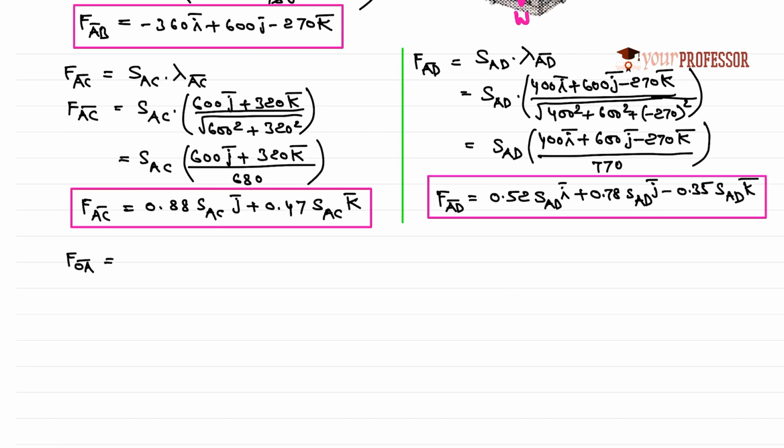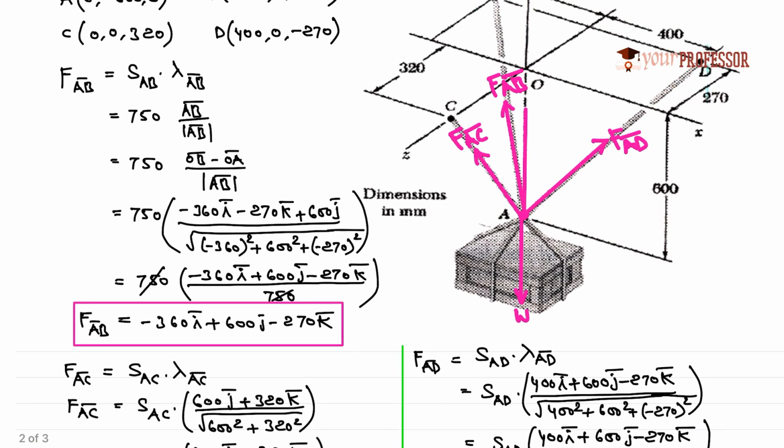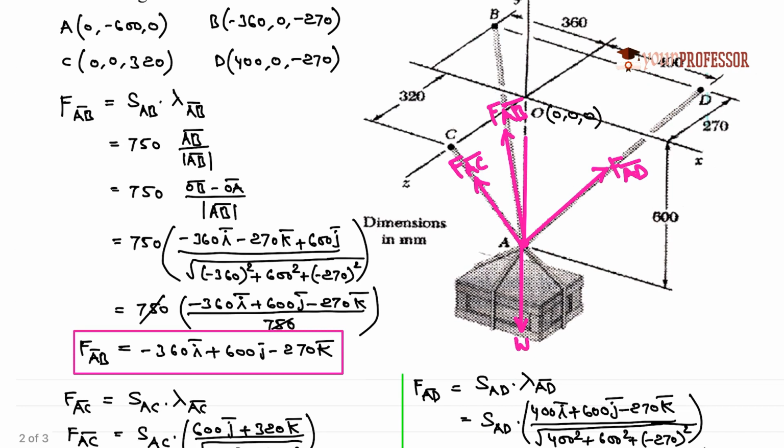FOA bar is equal to the tensile force, or the force present along OA, which is nothing but weight W. If we observe, origin coordinates are nothing but 0, 0 and 0, and we have seen the coordinates of A are 0, minus 600, 0.